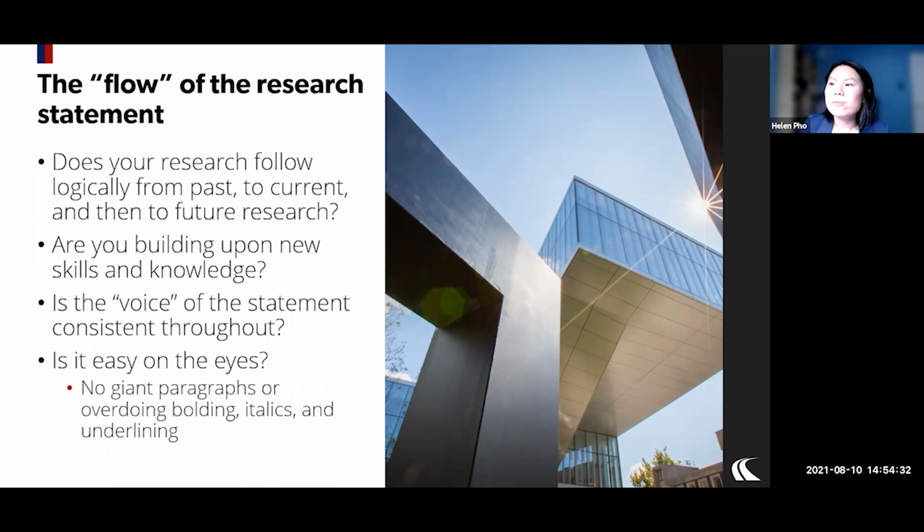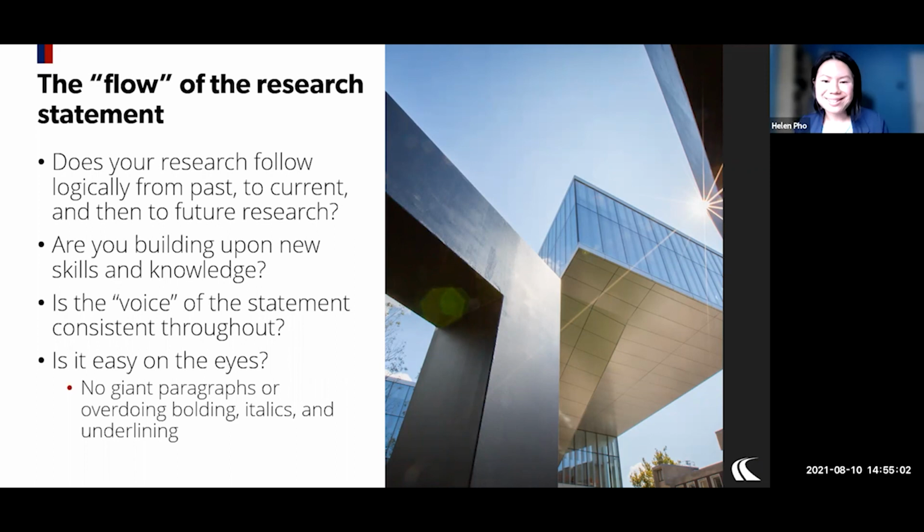As you read it from beginning to middle to end, you want to get a sense of whether the way you describe your research follows logically from the past to the present and then to the future. There should be a thread that unites these three parts of your research. You want to make sure that you're building upon new skills and knowledge throughout the different paragraphs.